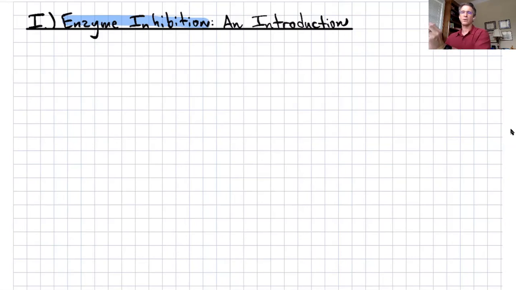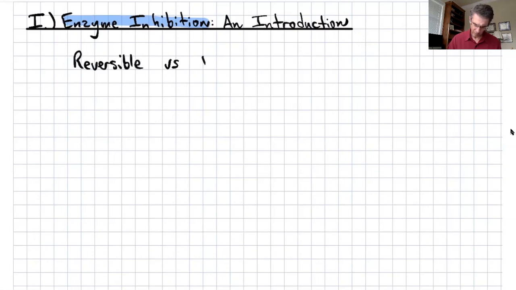So before we start talking about this in detail, we need to make a distinction. What I need to point out is the difference between the two largest possible classes of enzyme inhibitors. Those are so-called reversible versus irreversible inhibitors, right?